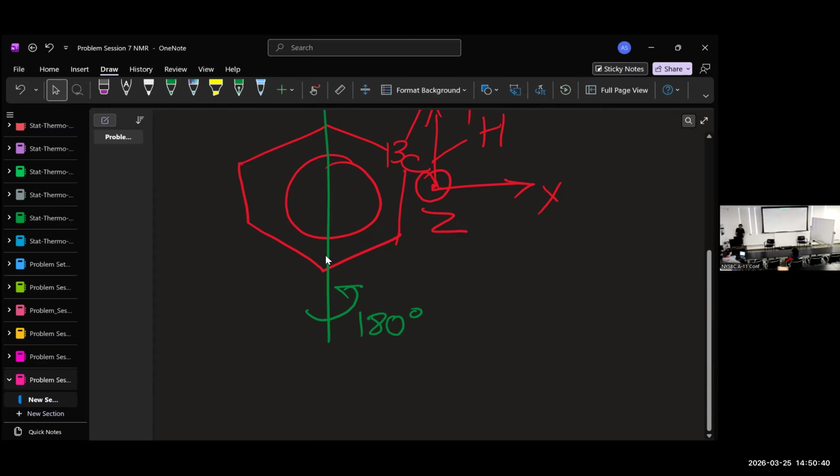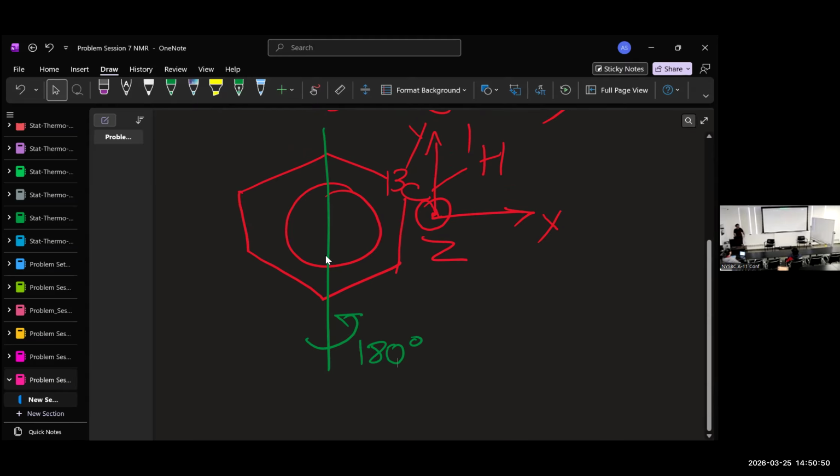In terms of Euler angles, how would you describe this rotation of the uniaxial CSA tensor with axes described in this manner? 180 degrees around x or y indeed.